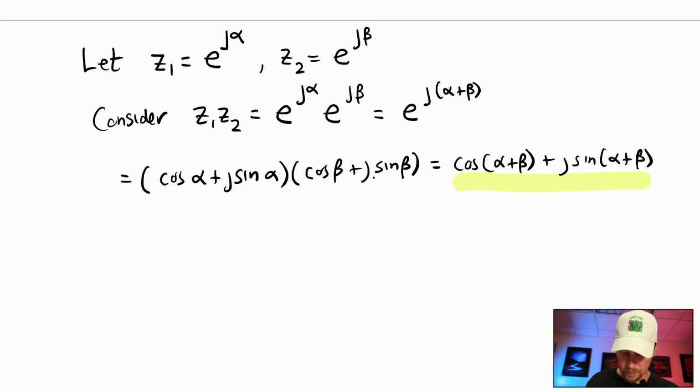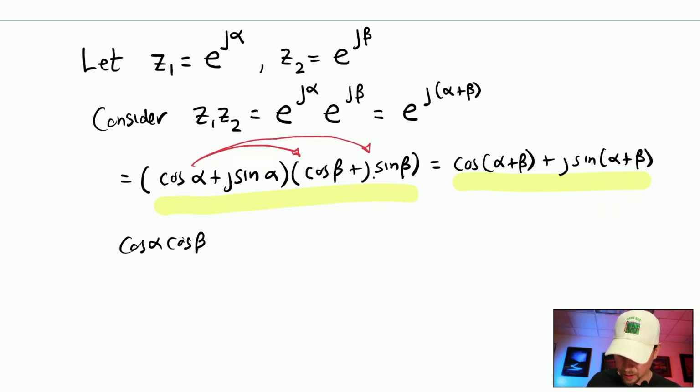But over here, I can actually FOIL. Right? So if I take cosine alpha, multiply it by cosine beta, I get cosine alpha times cosine beta. And if I multiply that first term by the second part, I get cosine alpha times j sine beta. I have 2 more to go.